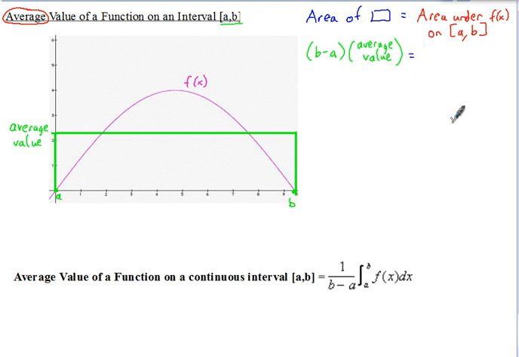And the area under the curve f of x on the interval from a to b, well, remember the exact area comes from the definite integral from a to b of our function f of x. So, since that's true, if we want a formula for the average value, all you'd have to do to isolate the average value is divide by b minus a.